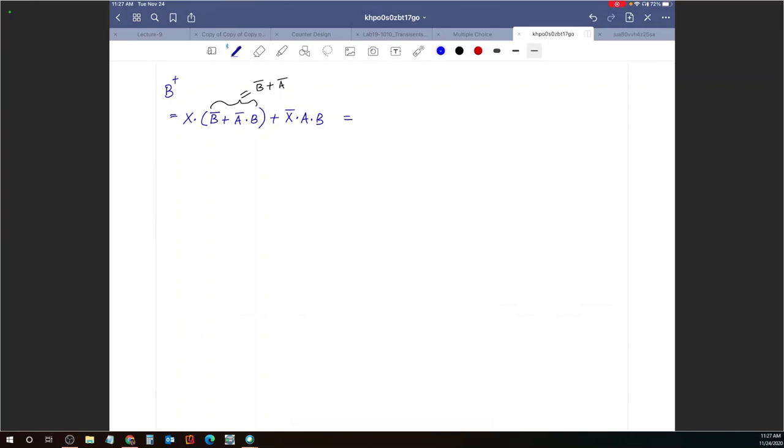This is going to be X and B complement, or X and A complement, or X complement and A and B. Let's just write it that way. I don't think we can do anything here. I think this is the best we can do here. Let me box this up.